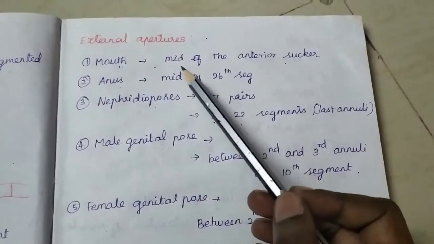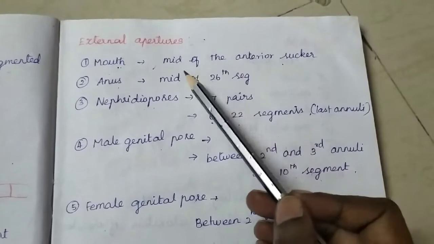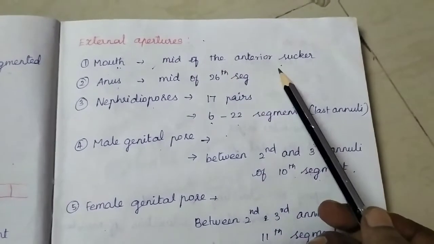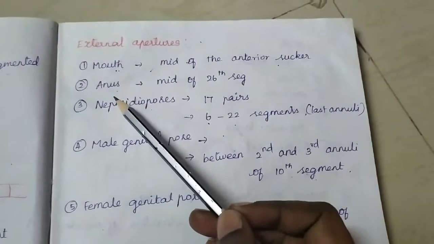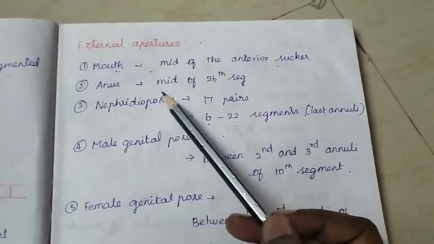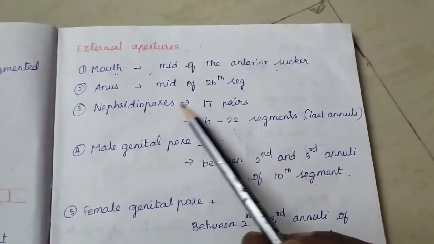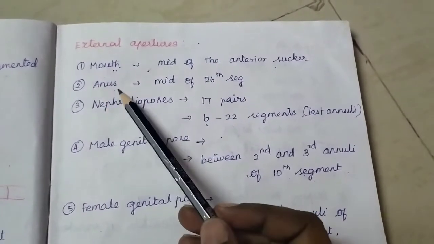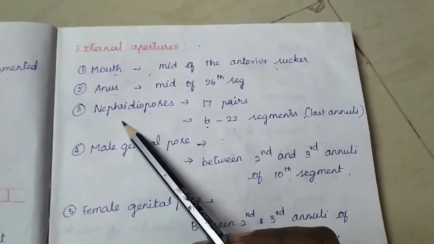Mouth is present in the middle of the anterior sucker, that is, the middle of the first 5 segments has the mouth. Second one is anus, which is present in the middle of the 26th segment. And the anus is helpful for the elimination of the waste from the leech body.